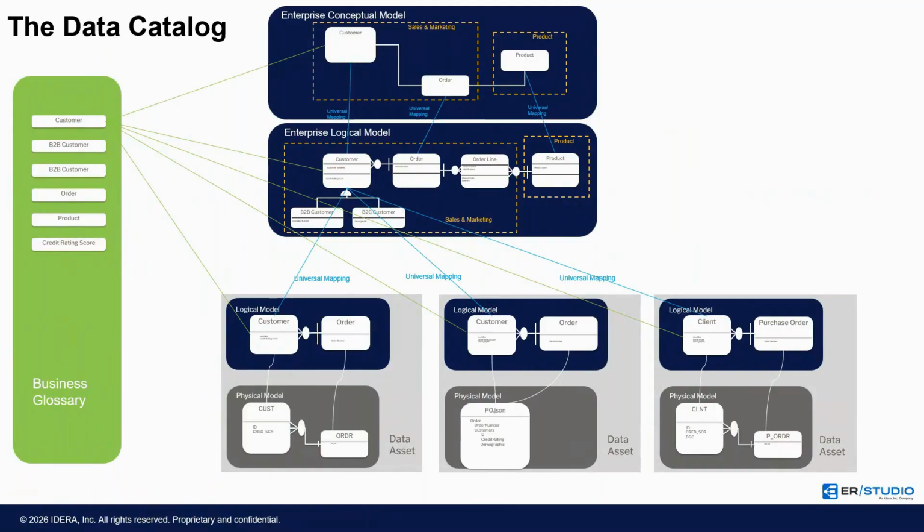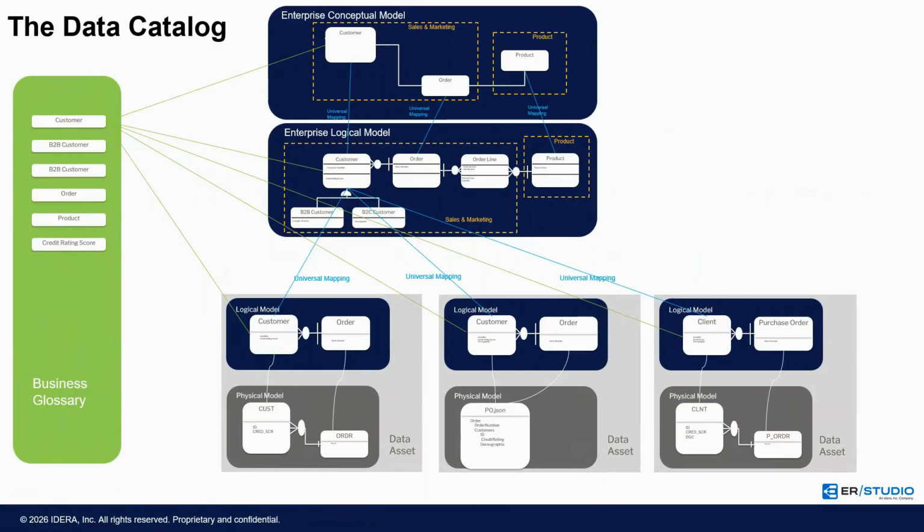But if we look at the slide here at the bottom of the diagram, we've got representations for multiple logical and physical models. So these would typically be different data assets or different data sources in the organization. The physical model will be quite a direct representation in most cases of tables and columns or JSON files. The logical model is a bit more abstract.